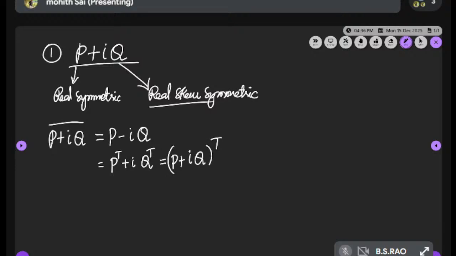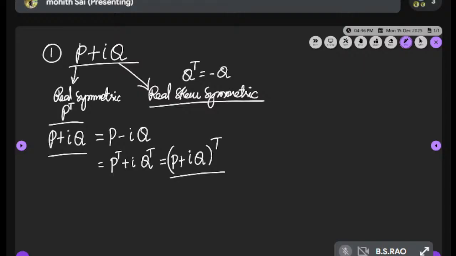Because Q is real skew symmetric, Q transpose equals minus Q. P is real symmetric, P transpose equals P. Now P plus IQ whole transpose equals P plus IQ conjugate.